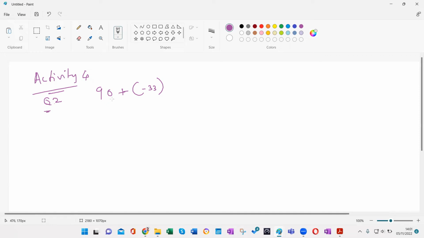Yeah, that's right. But we are going to perform this using binary addition. Normally we minus 33 from 90, but here we have added the minus value to the positive value. In binary, we can do this easily using 2's complement, because we can represent minus values using 2's complement.